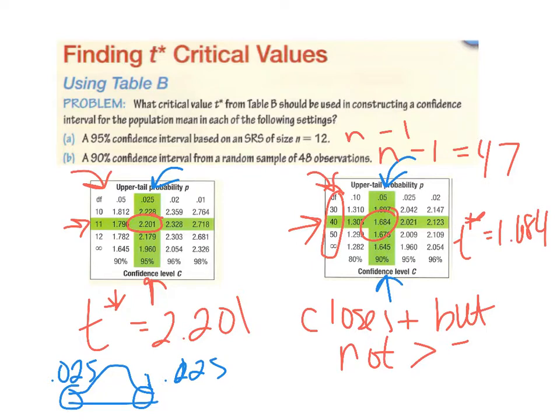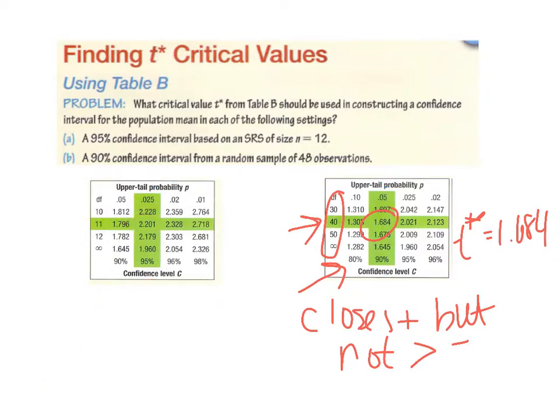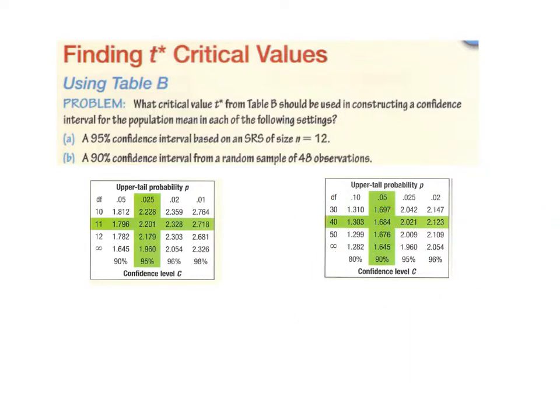You can also do this using technology, which I would strongly recommend. If you don't have the appropriate confidence interval or area on the table, you definitely need to go ahead and use your technology. So when you're using your technology, let me get rid of some of this so you can see it. You're going to use another inverse formula.